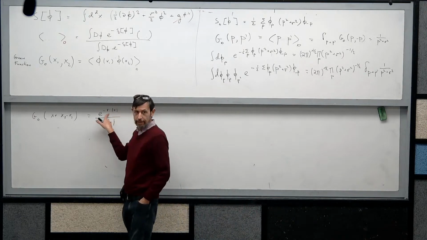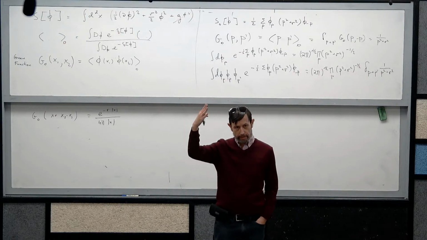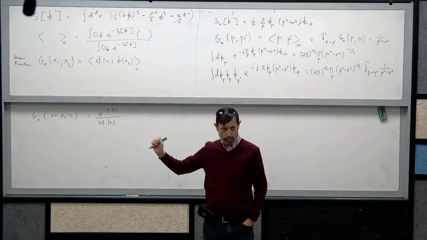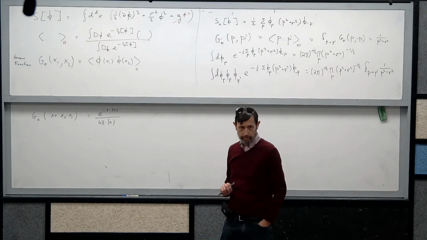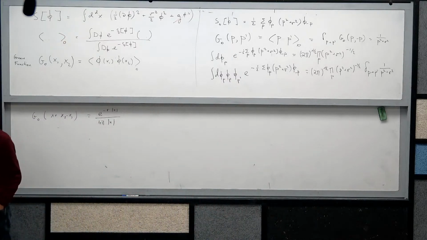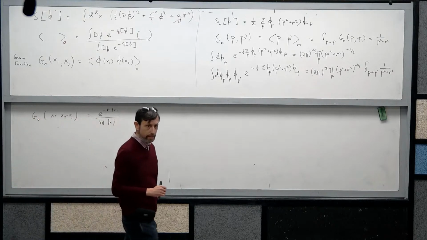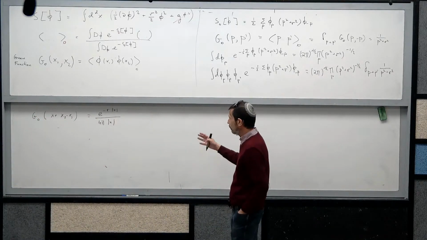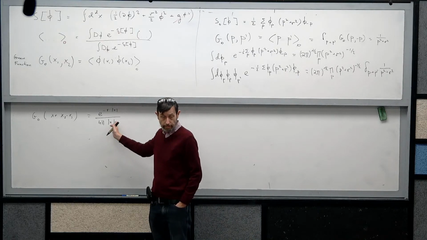Otherwise, you have a probability that goes down with the distance. Okay, great. What happens when, instead of this nice and cute case, we have interactions?